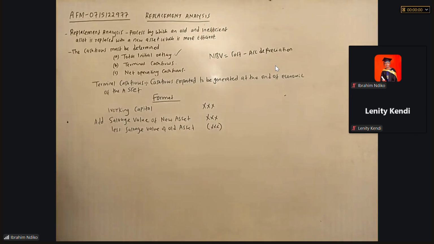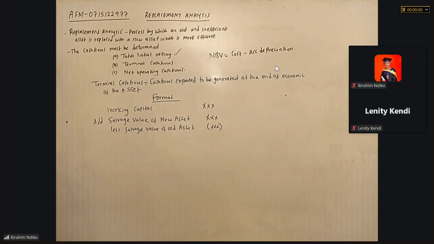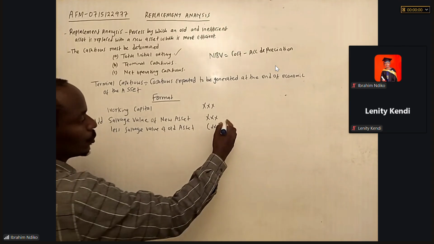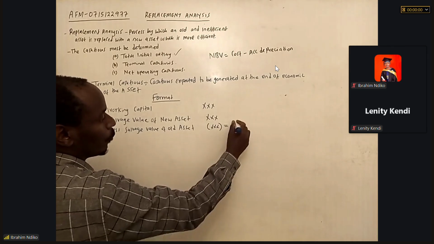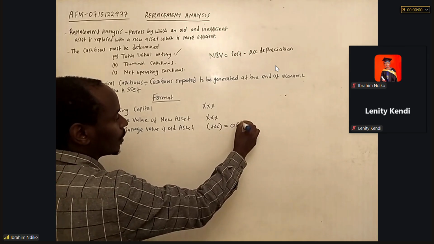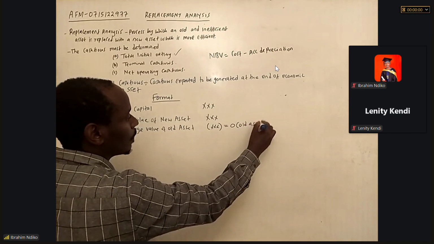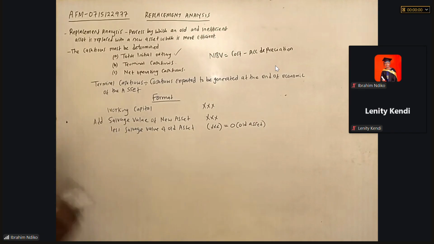Now, in the case where we do not have an old asset, this value will be 0.